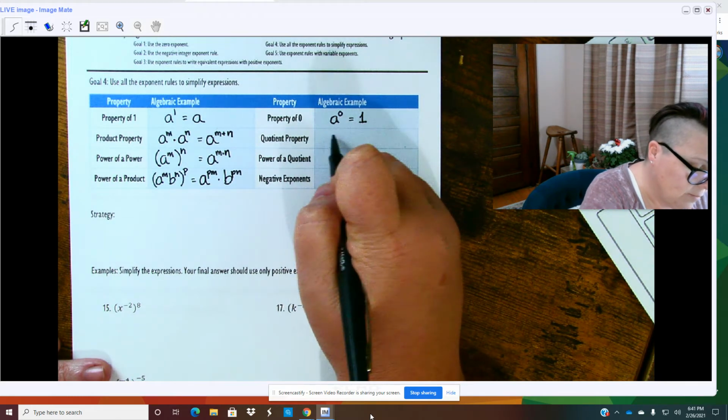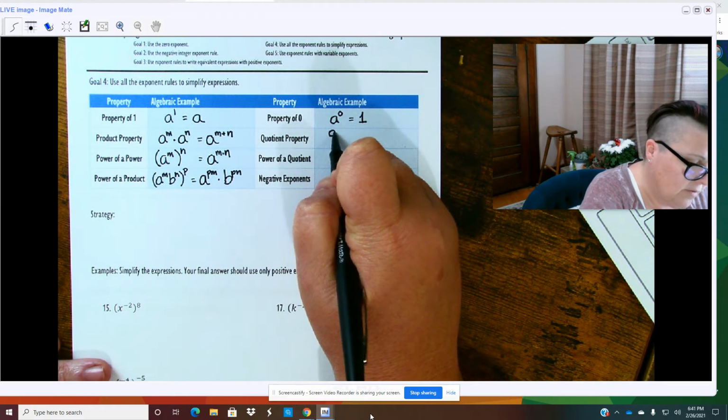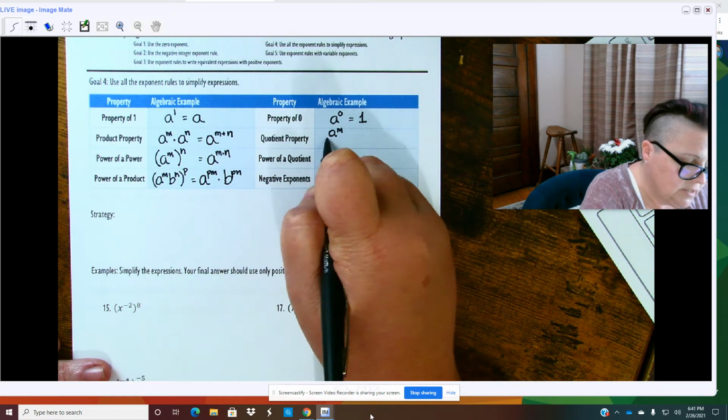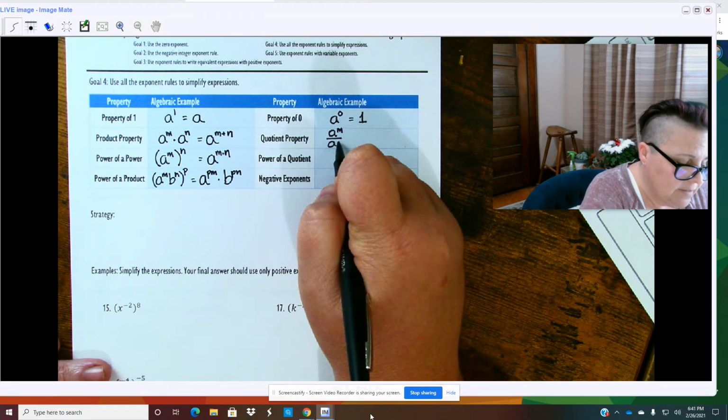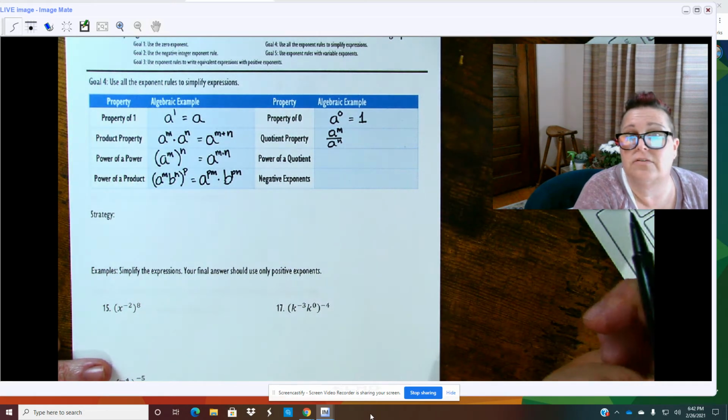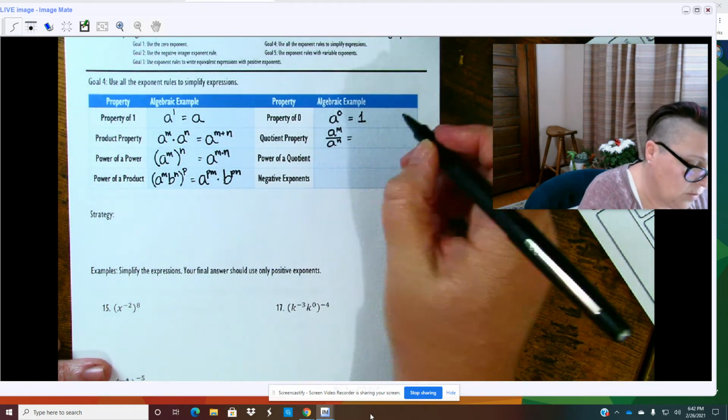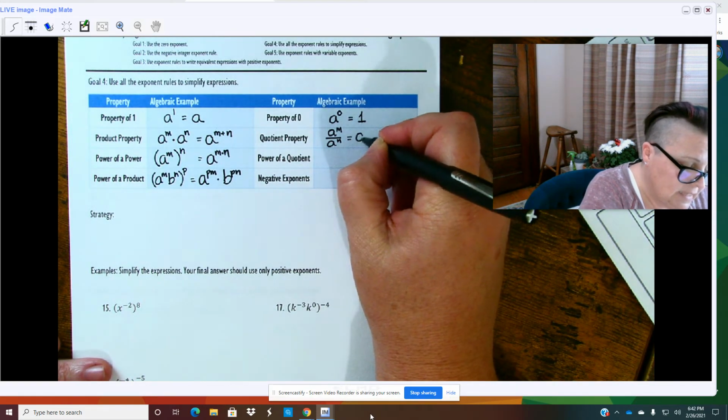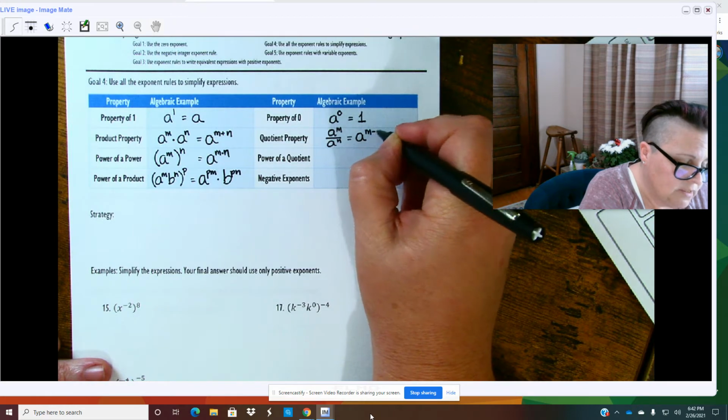The quotient property says if you have two exponential expressions where the bases are the same and they're being divided, the resulting quotient is that same base with the powers subtracted.